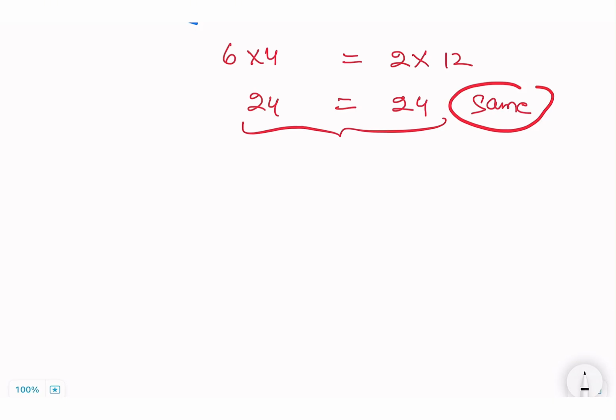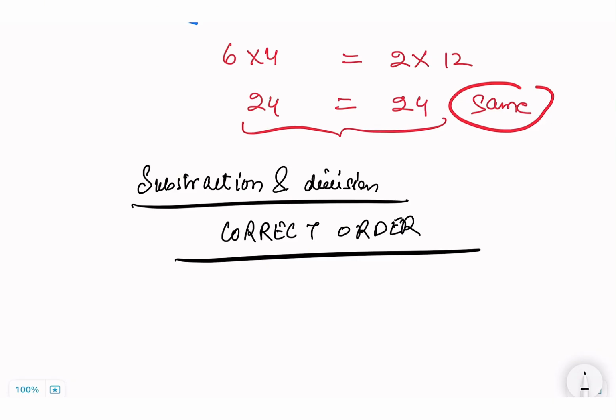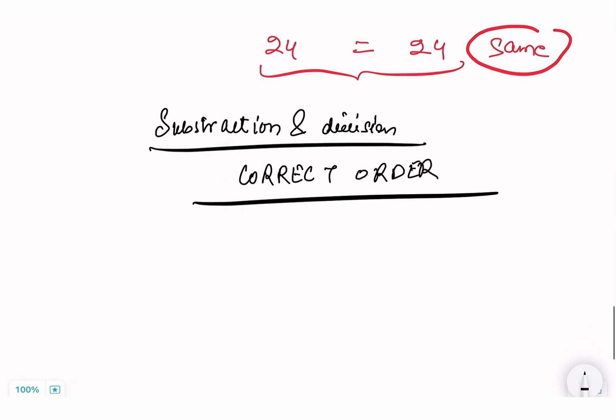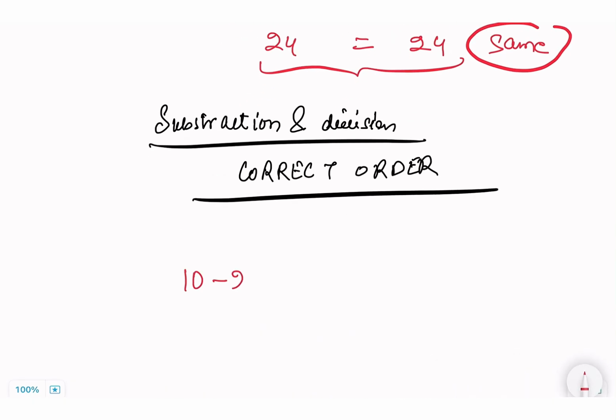If you try with subtraction and division, the correct order must be there. There will be no random numbers you can use. There will be a correct order every time. Suppose I am giving you an example with this. (10 minus 2) minus 3 is not equal to 10 minus (2 minus 3).